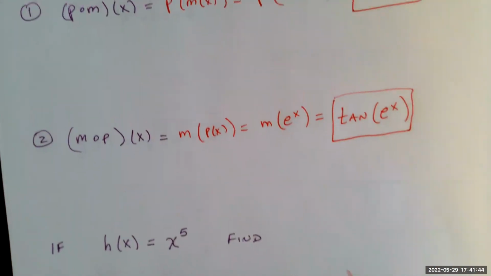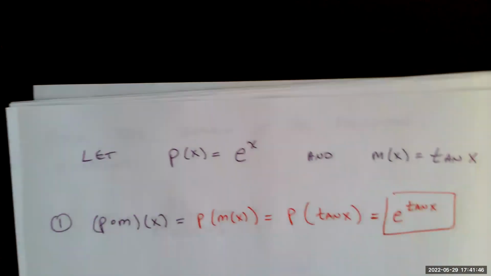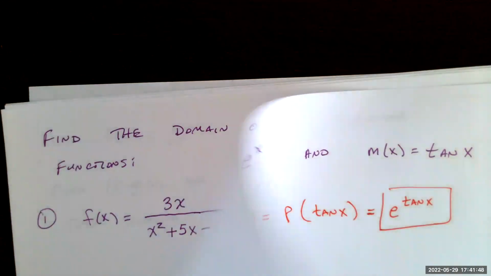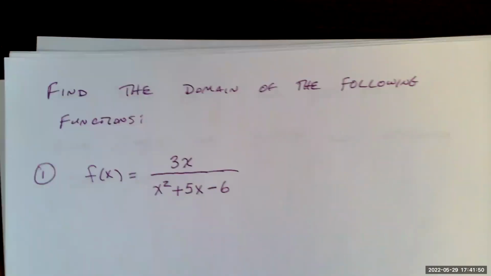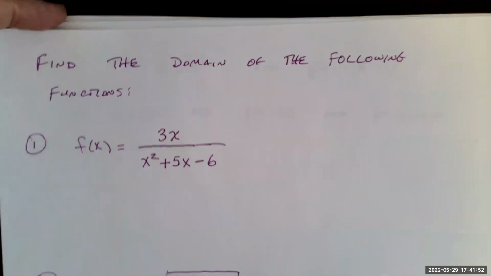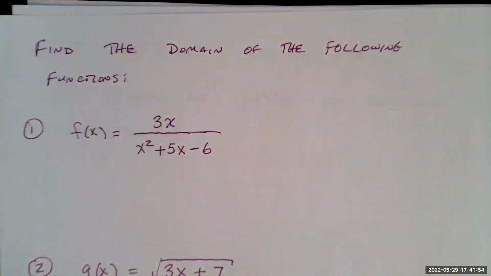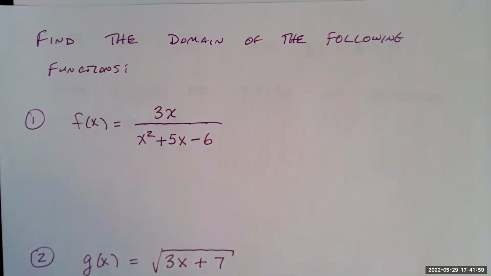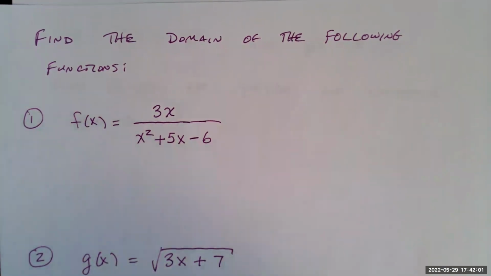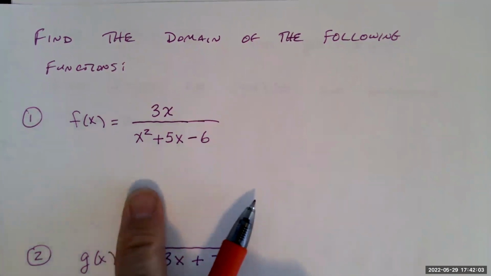All right, let's take a look at another related issue, finding the domain of functions, because sometimes in the homework for section 1.3, they'll ask you for the domain for the composition. So I just want to review that real quick. So for this first function, what's the domain?